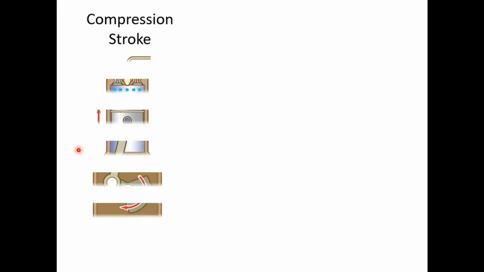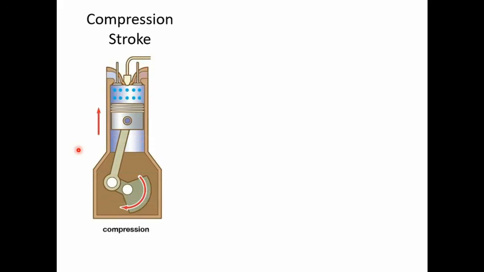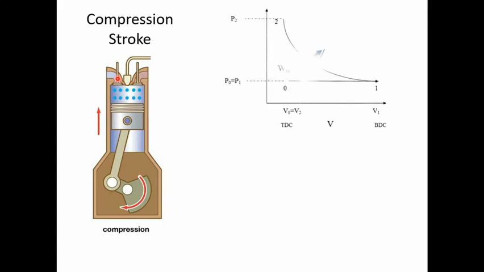Next is the compression stroke. In the compression stroke, the piston head moves from bottom dead center to top dead center, and both valves remain closed. As the piston moves from bottom dead center to top dead center, the air gets compressed.